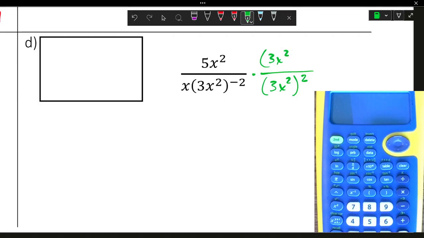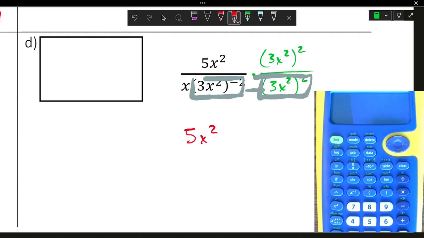What is just phenomenal about that is now this thing times this thing is 3x squared to the 0 power, which is just the number 1. So that's not a thought. It's just a factor of 1 in the denominator now. In my numerator at this point, I've got the 5x squared. And now let's go ahead and square the 3x squared.